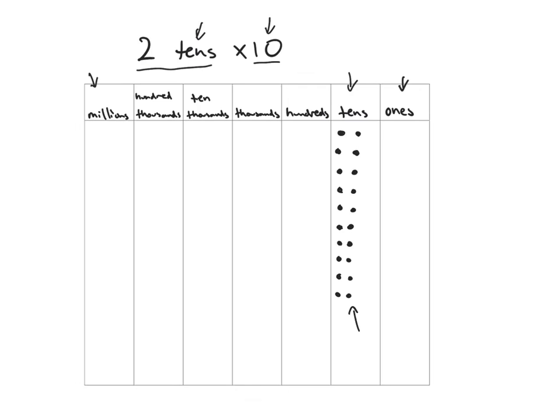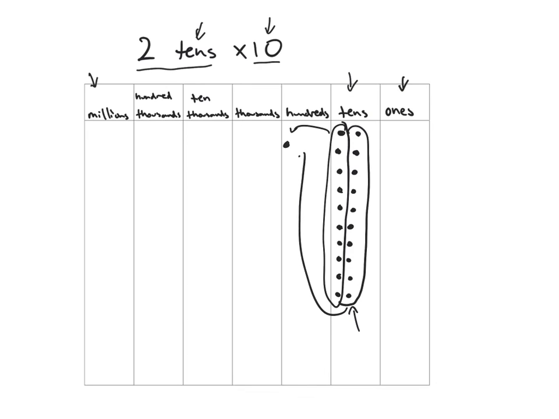And so we can do some regrouping and regroup some of them into hundreds. So we can actually regroup 10 of them into 100 and the other 10 into another 100. So what we end up with as our answer is two discs in the hundreds place or 200.